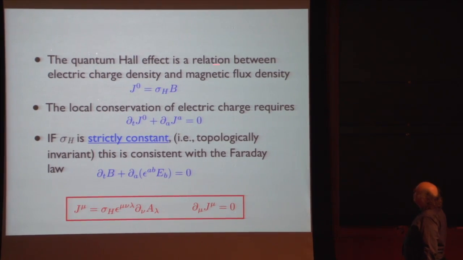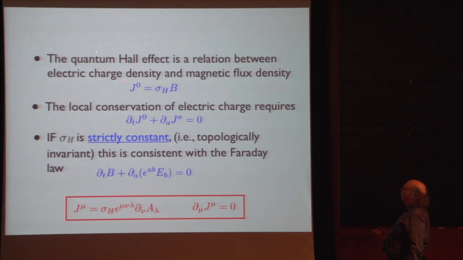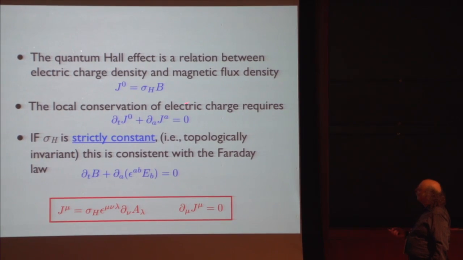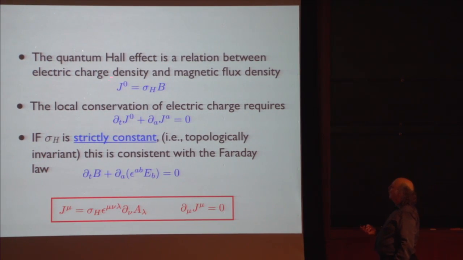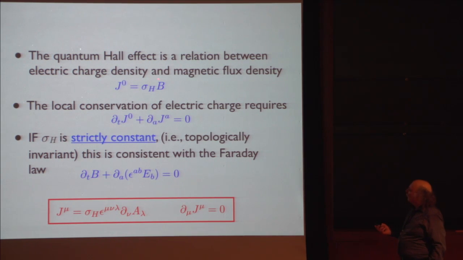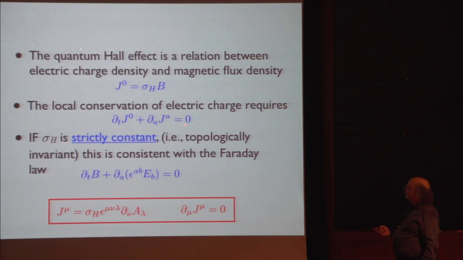So the quantum Hall effect, in its simplest form, is a relation between electric charge density and magnetic flux density. And of course, if I have a relation that the charge density is proportional to magnetic flux, it also has to satisfy a continuity relation for charge.